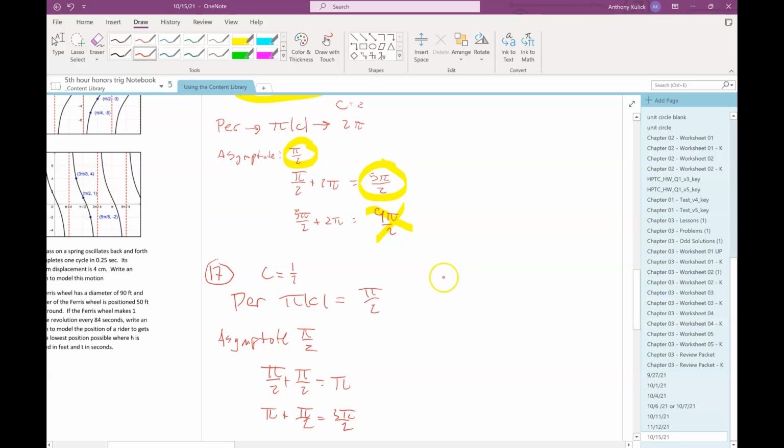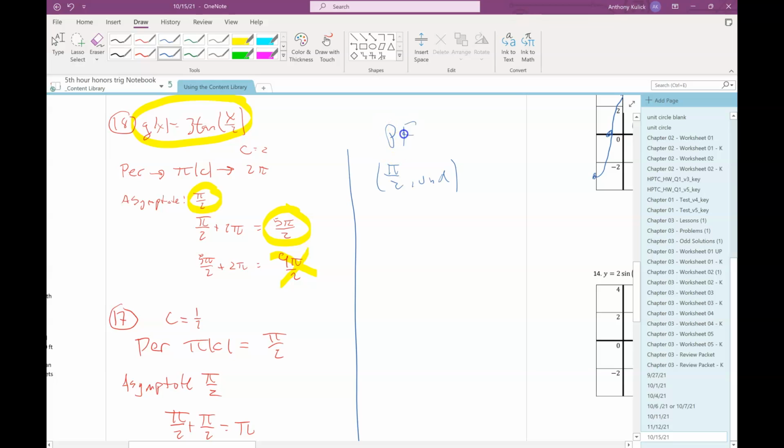Okay, let's just do this on the side here. We have the point pi over 2, undefined, from the parent function, right? And we're going to transform that because our c here is 2. So that becomes pi, undefined, right?